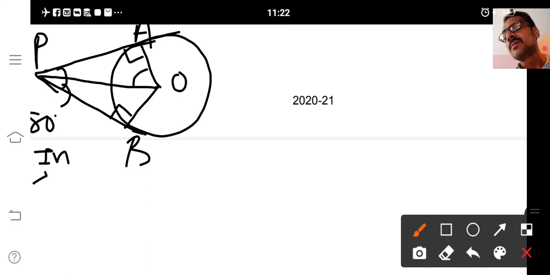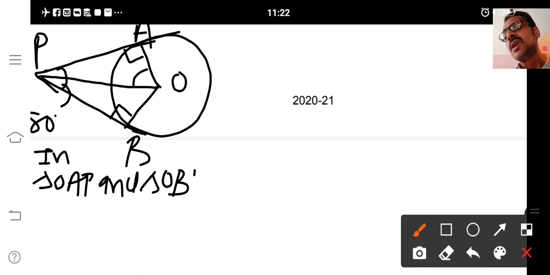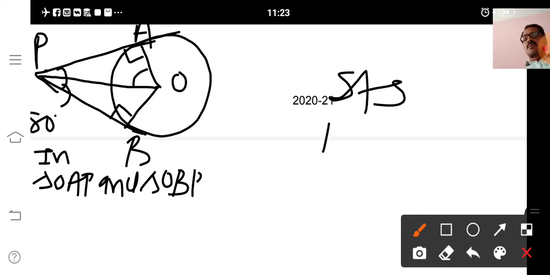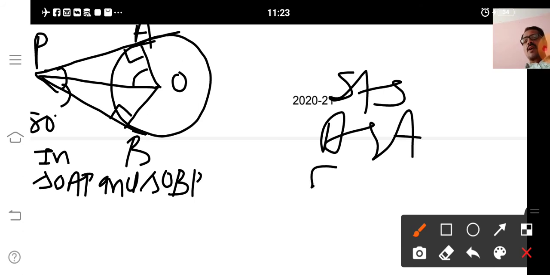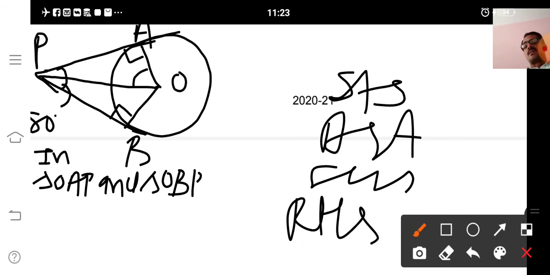So let us prove, in triangle OAP and triangle OBP. See, to prove any two triangles to be congruent, we are having 4 rules that you have studied in 9th standard, which are SAS, ASA, SSS and RHS.